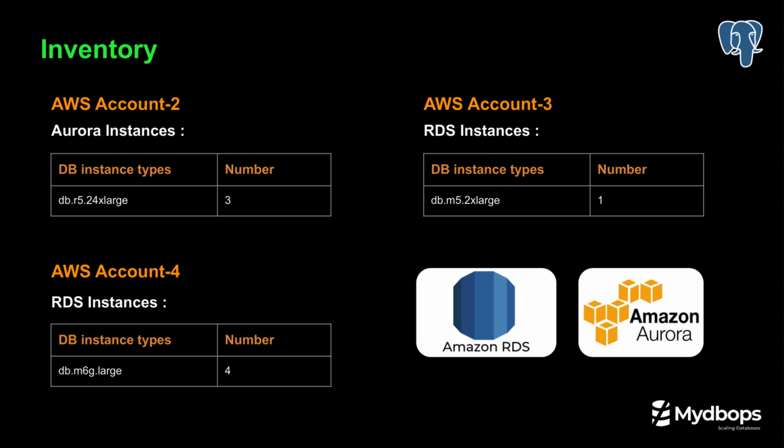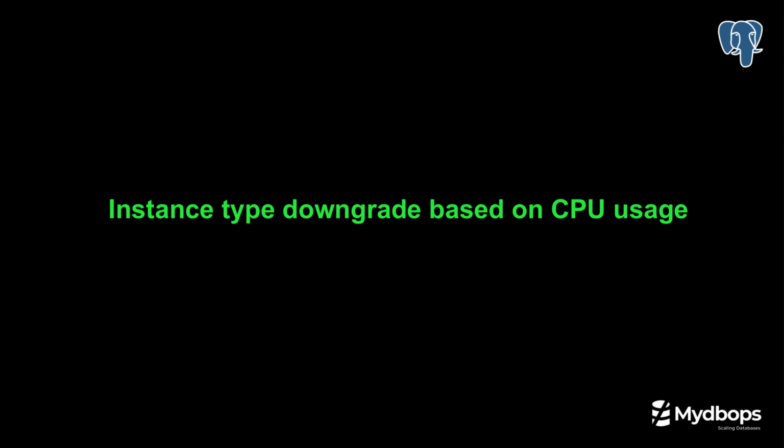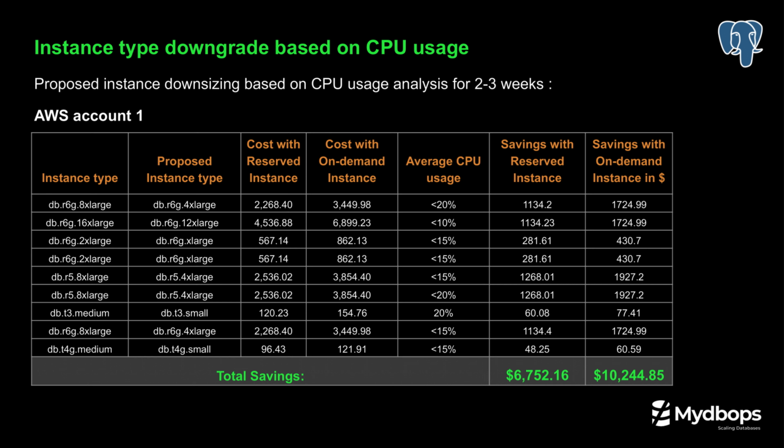So the first optimization suggestion we proposed was to downsize the DB instances based on the CPU usage. So this was pretty simple and straightforward. For the instances where memory usage was normal and CPU cores were over provisioned, we observed 2 to 3 weeks of CPU usage and proposed downsizing of the instances to a lower instance type, where the average usage was less than 20%.